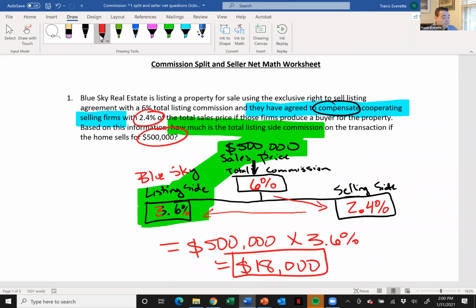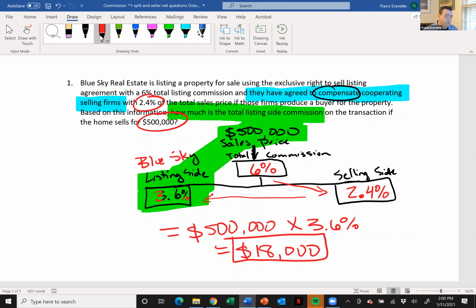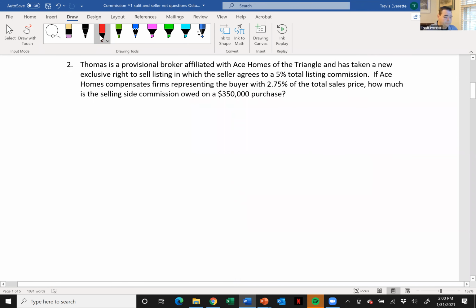It's 3.6% of the sales price. That's $18,000. Now, we don't know what the listing firm's going to do with that money. Are they going to split it, with the firm keeping some and the individual agent keeping some? Probably. But that's not what they ask us about, so we're not going to go any further than they ask us to.